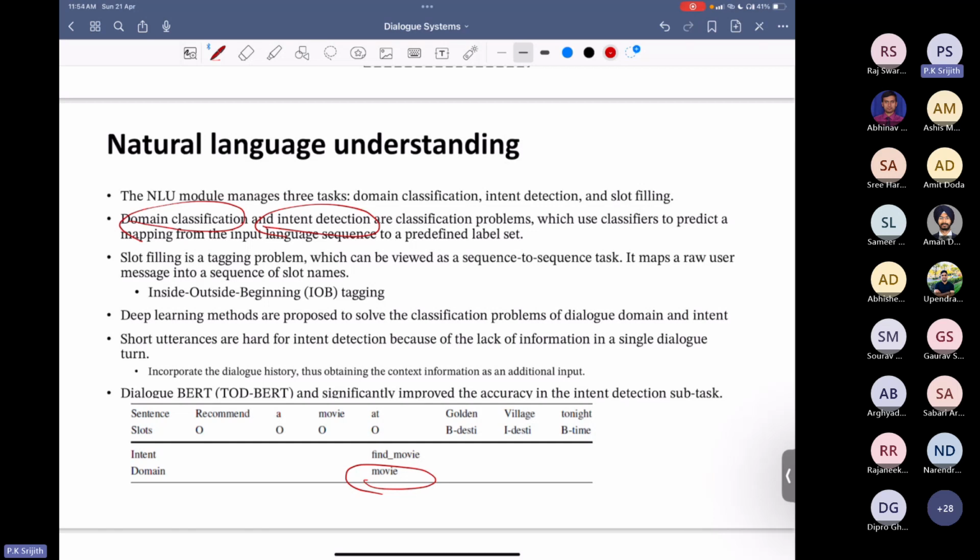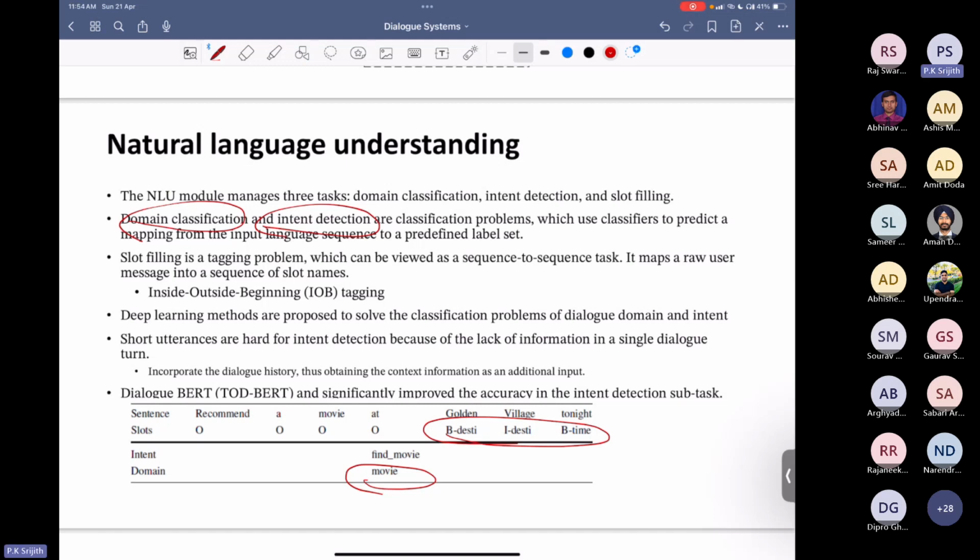Is it about finding out the movie or finding out the location of a particular movie, etc.? Then it also finds all the named entities that the user talked about in his input. But domain classification and intent detection can be seen as simple classification problems, and one can use classification models like neural network classification models or any deep learning classification model to perform domain classification and intent detection.